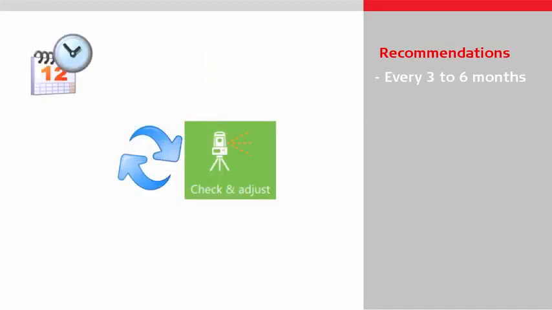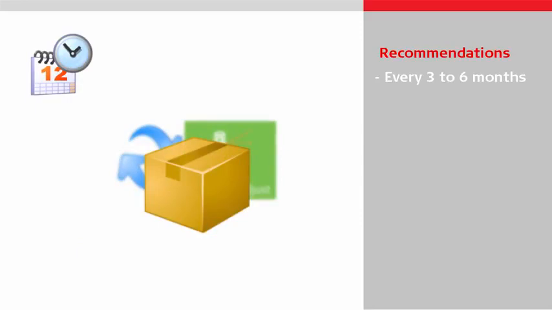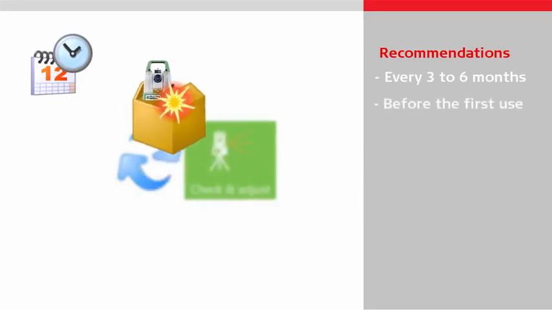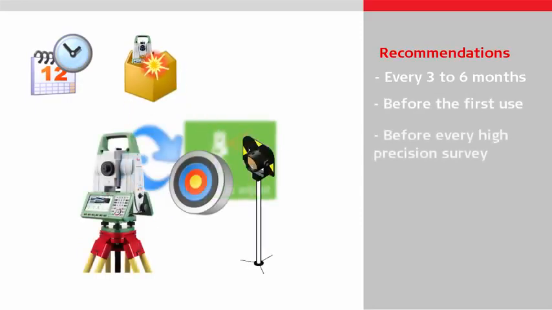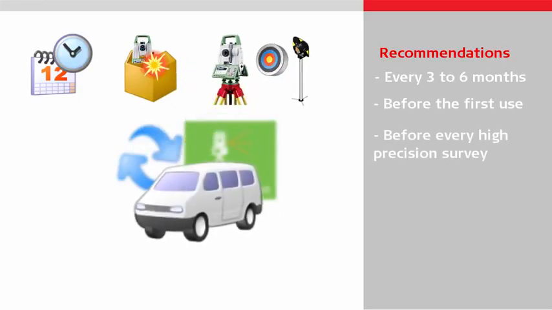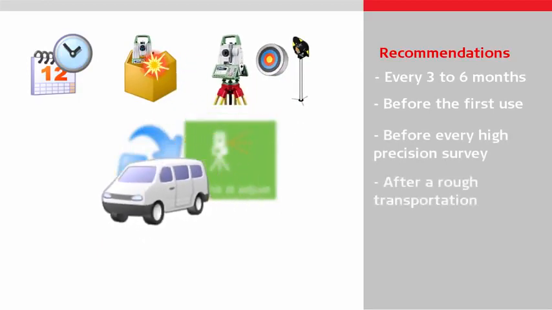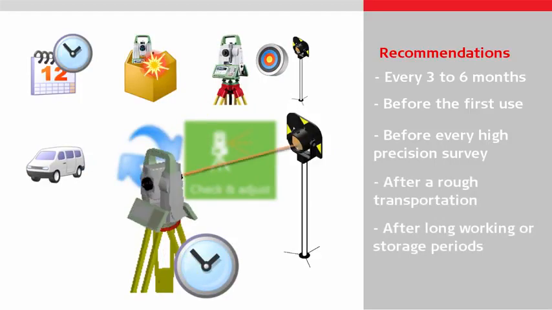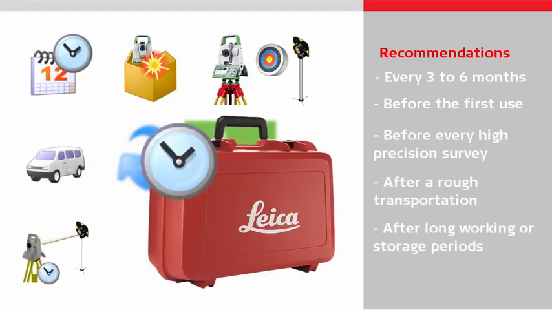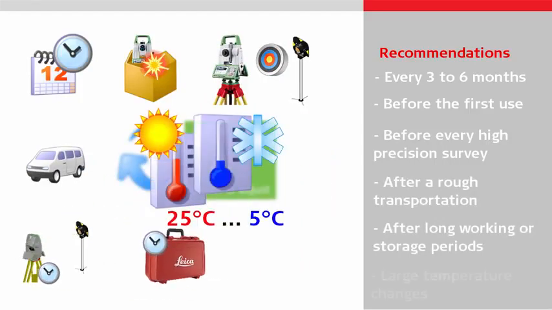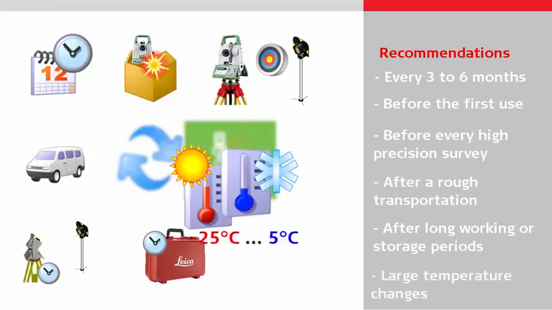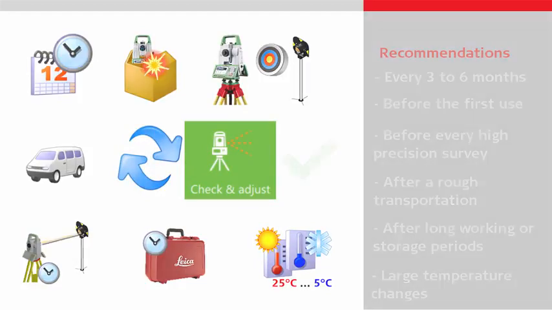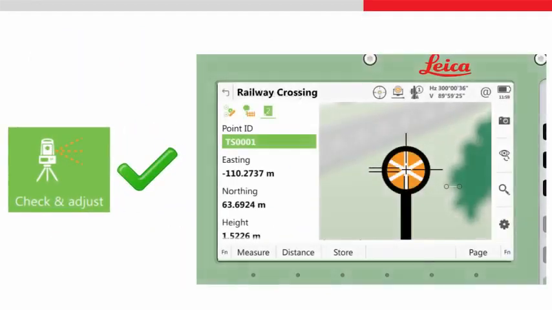In addition, the calibration routines should be executed before the first use, before every high precision survey, after rough or long transportation, after long working periods, after long storage periods, and if the temperature difference between the current environment and the temperature at the last calibration is more than 20 degrees Celsius. A proper calibration of the instrument enables the highest precision and reliability of your measurement tasks.